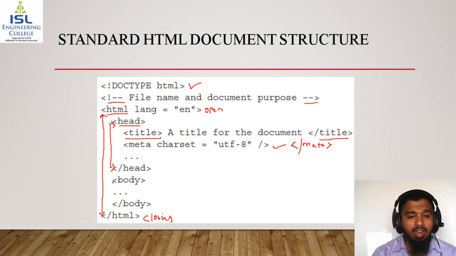And here the body. Whatever you are going to write in the body, all commands, or we can say tags, whatever tags you write between the body tags, will be displayed in the browser.